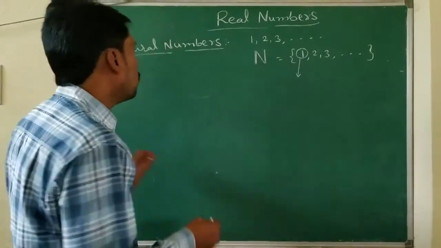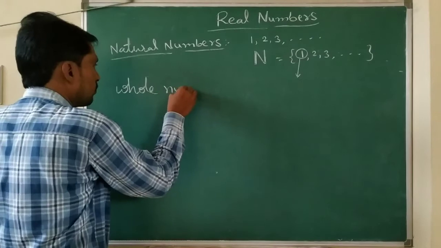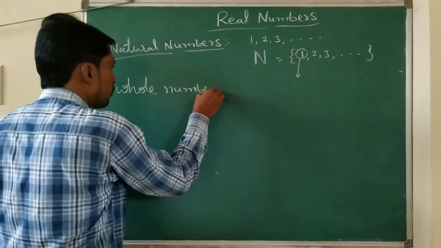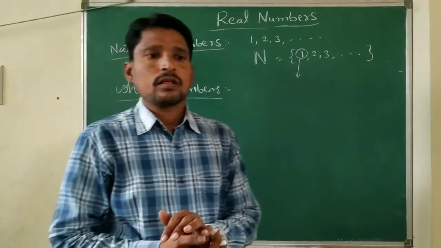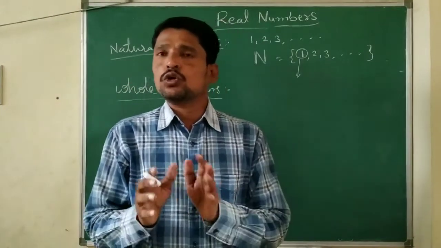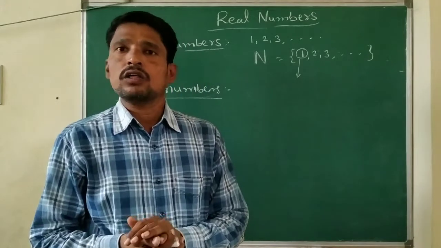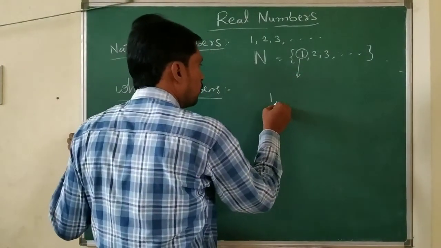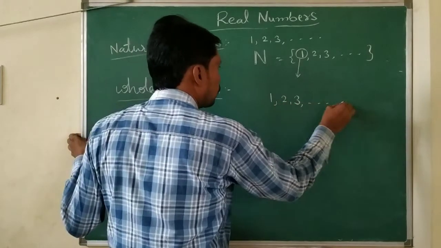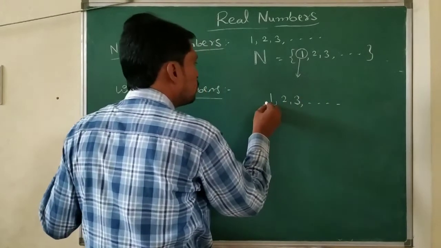Next one is whole numbers. What are whole numbers? When we include 0 with the natural numbers, they are called whole numbers. We already know the natural numbers are 1, 2, 3, and so on, and we include 0.